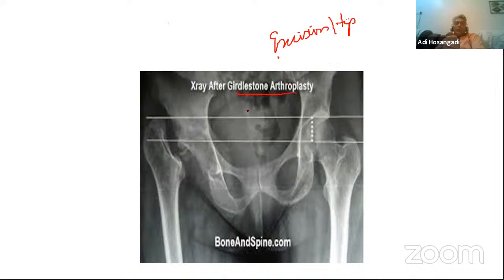It is named after the one who devised it, wherein you remove the head and the neck part of the femur. This is how it looks. Nowadays, this is not being done.